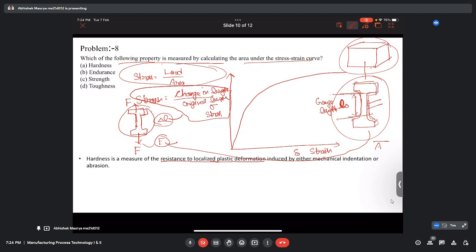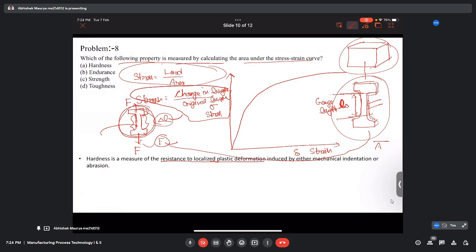Here also we are deforming the material plastically, but here it is not localized. This whole gauge length is getting deformed. From this we get the stress strain curve.